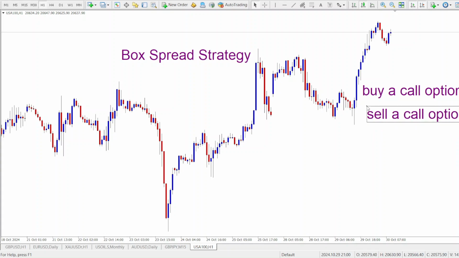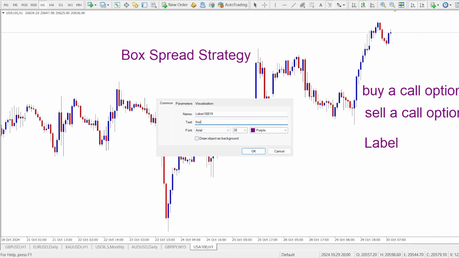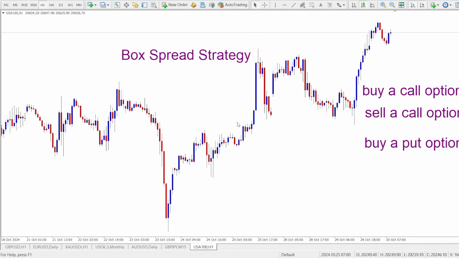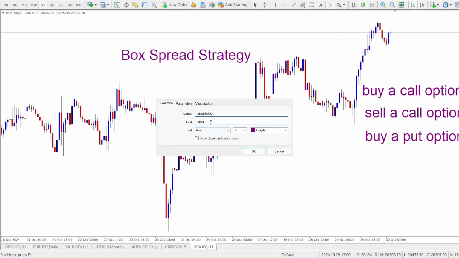Then the next will be buy a put option, and then finally sell a put option.